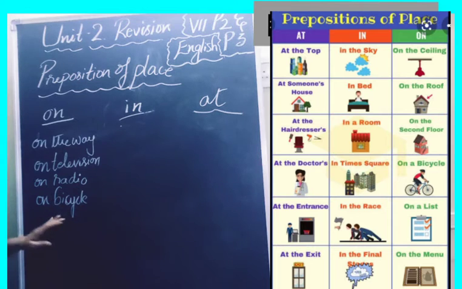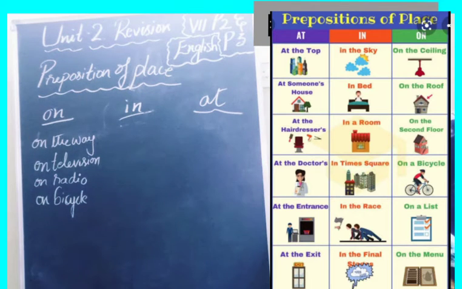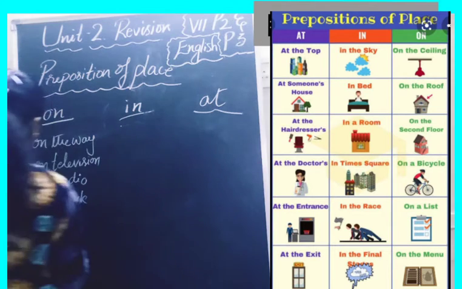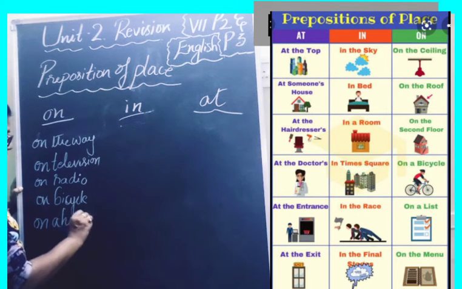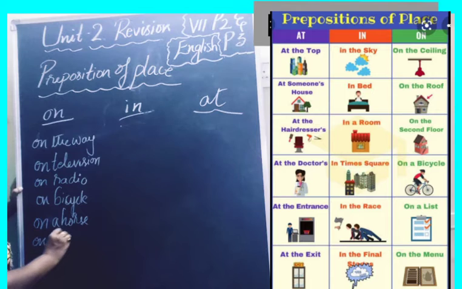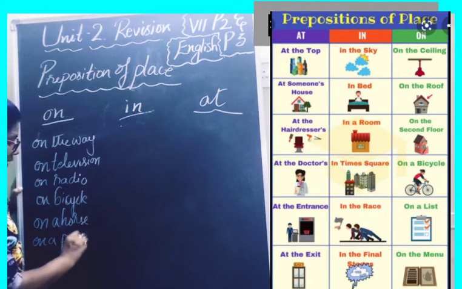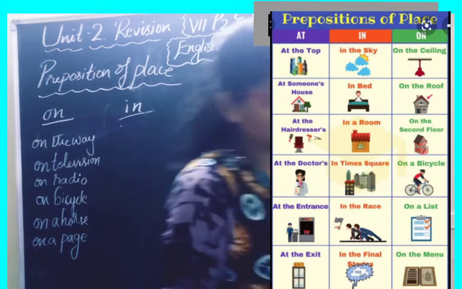Then you can also use on for on the page, on a horse, riding on a horse, not by a horse. On a horse, on a page. It's on a page. On radio, I have told many examples.